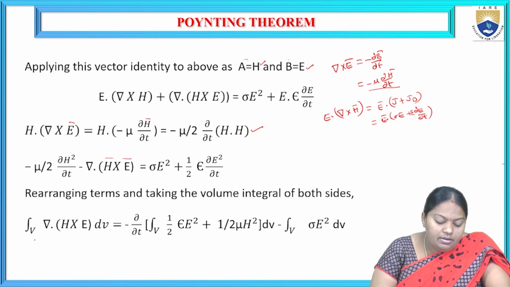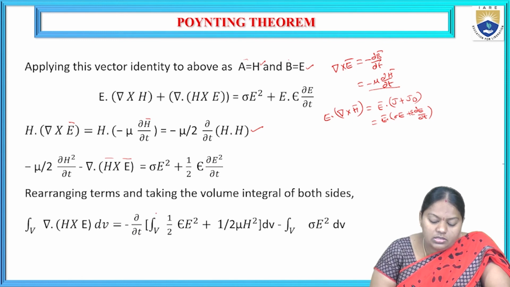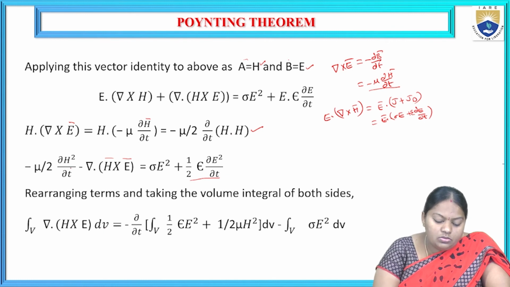So by taking volume integral, integral V del dot h bar cross E bar into dV equal to minus dou by dou t, take this term to this side and multiply with negative, then it becomes minus dou by dou t, considering in both the equations 1 by 2 epsilon E square in this term and 1 by 2 into mu h square from this term.